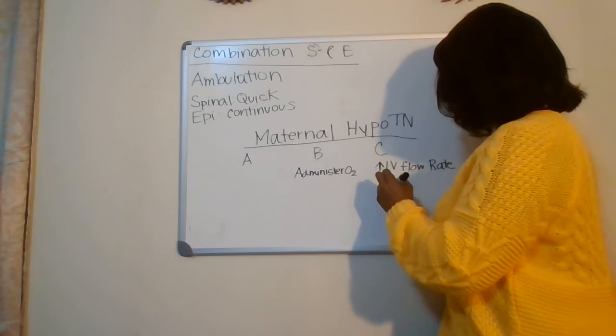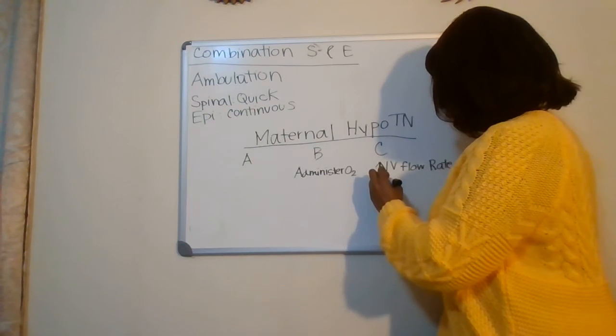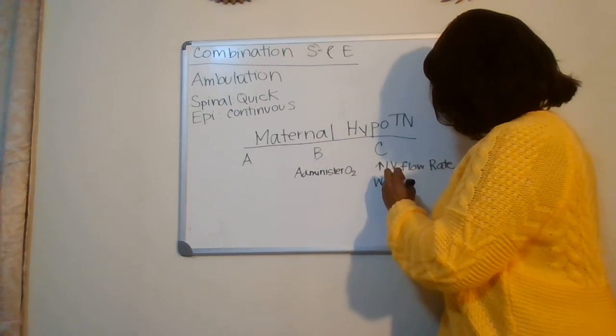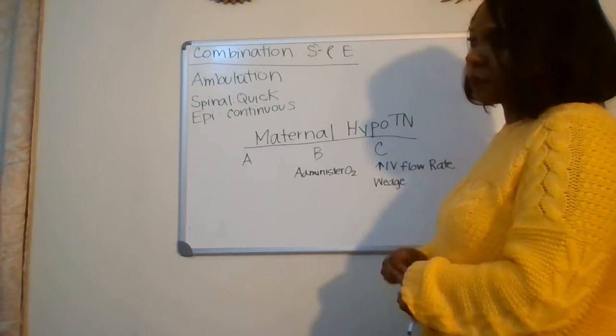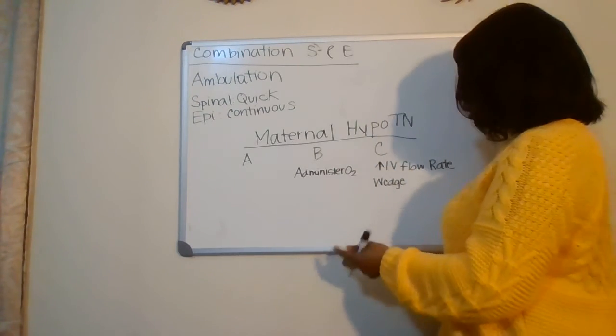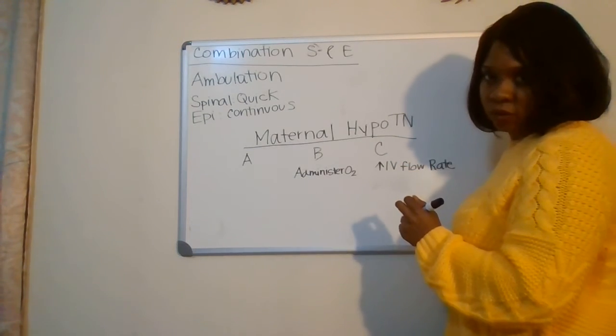Another thing we could do to increase circulation is a wedge. Wedge on her hip, okay? But let's say there's already one on there.